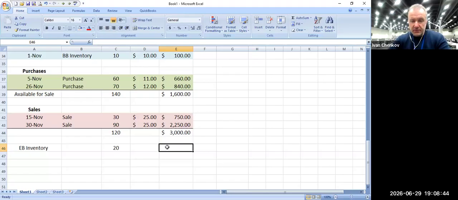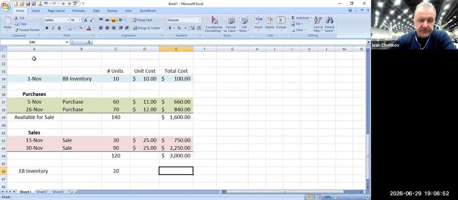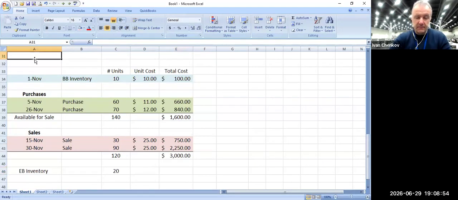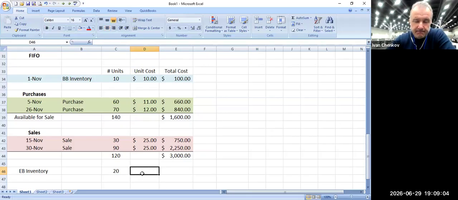What's the value of those units that we have? Now, since we're using first in, first out, what we have to think is from which purchase those 20 units came from. Now, the question is, and I want you to answer me this question.